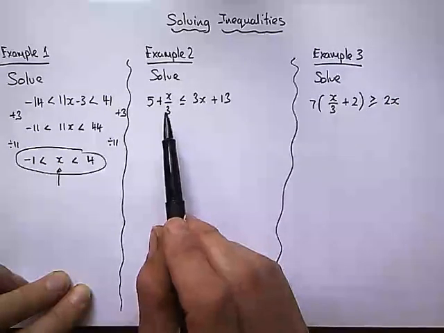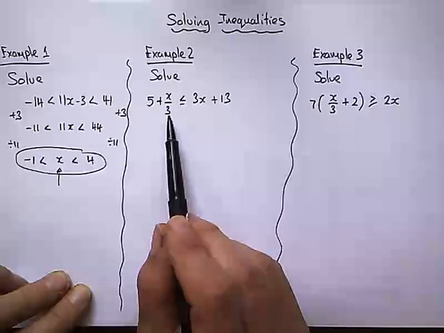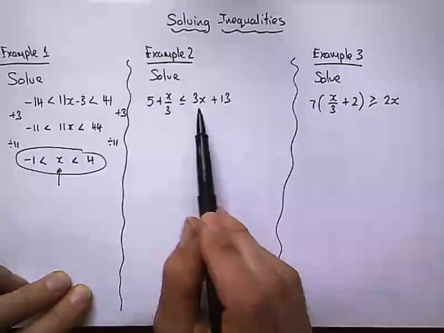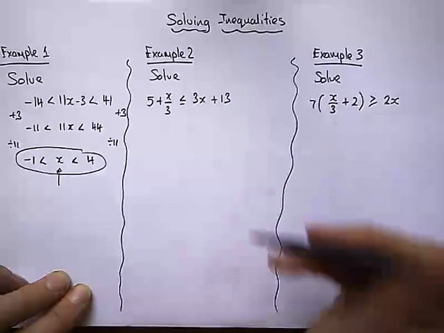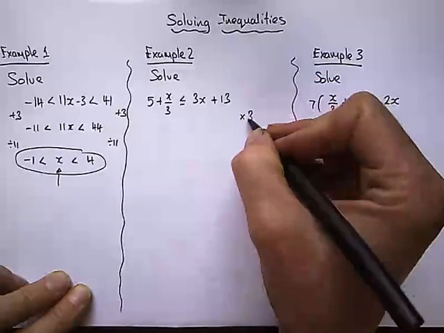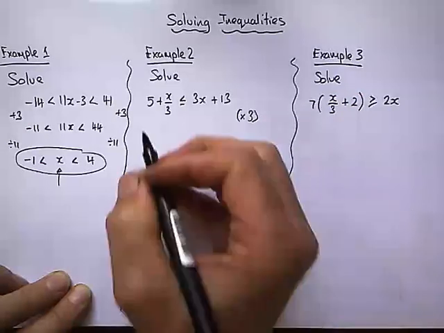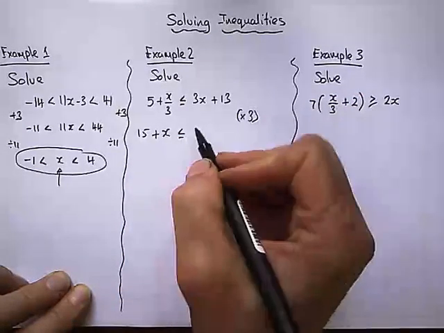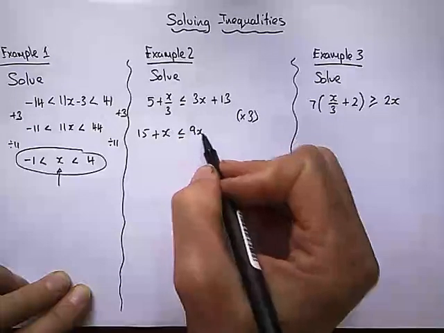But I'm not just multiplying this divide by 3 by 3. I'm also going to have to multiply the 5, the 3x, and the 13. So we're going to times everything by 3. So we get 15 plus x is less than or equal to 9x plus 39.